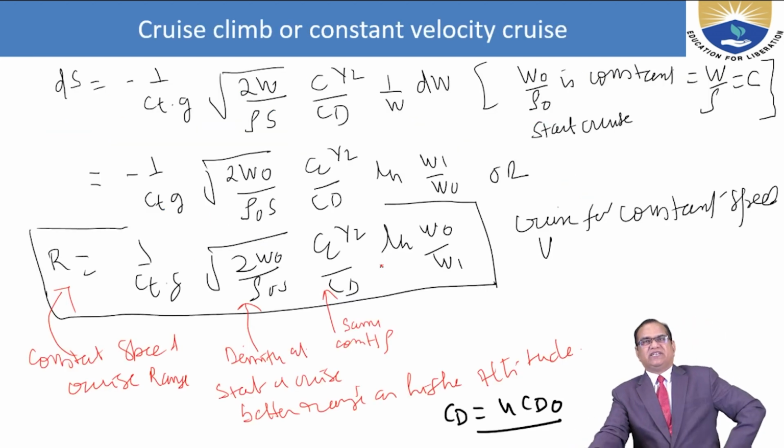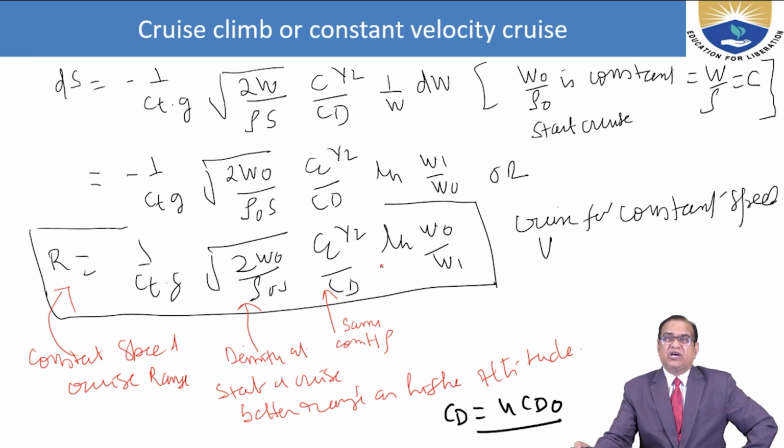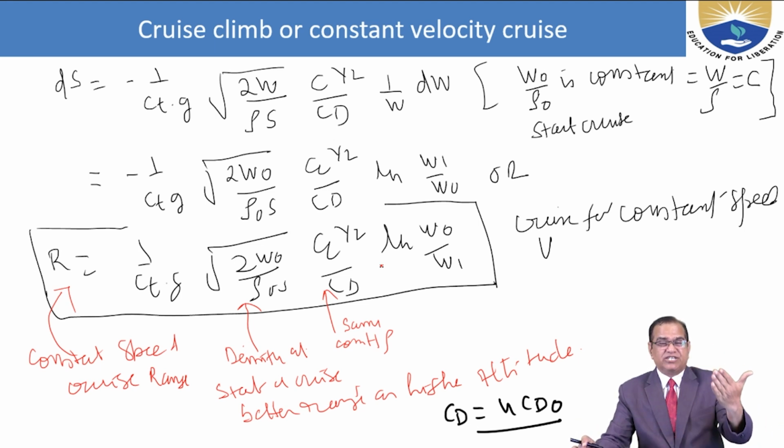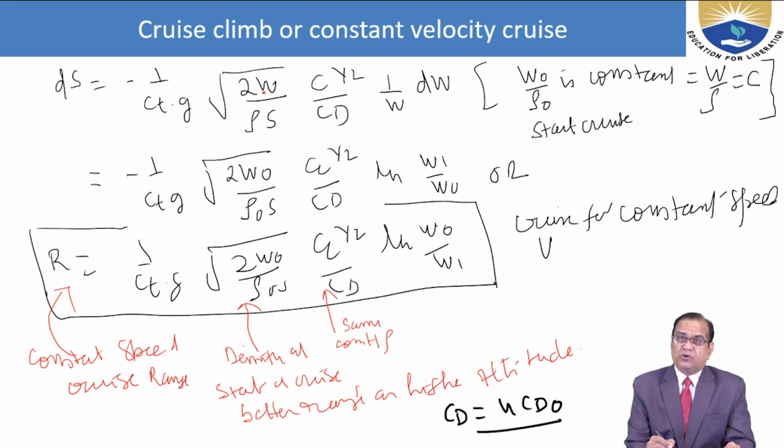Now the next flight cruise is called the cruise climb or a constant velocity cruise. We have seen the constant altitude or the constant density, and we have already derived the equation. Now here, constant velocity cruise. So here we will see that ds is equal to minus 1 by CT into g under root 2w by rho s, CL to the power 1 by 2 by CD, 1 by w into dw.